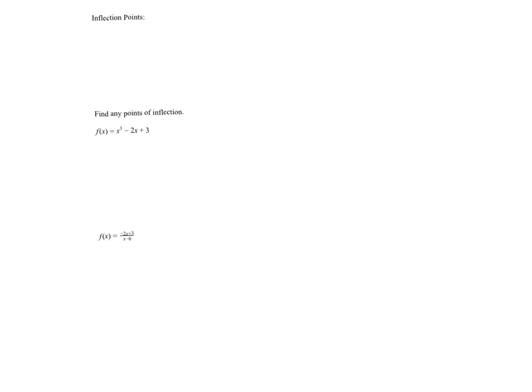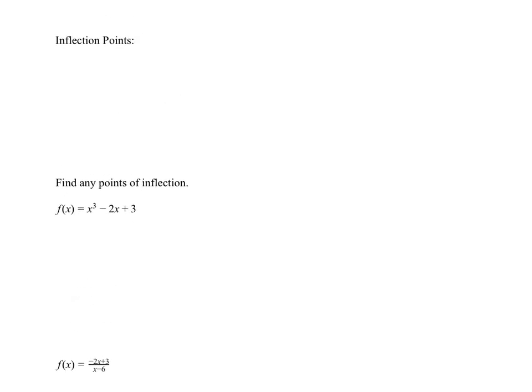So those points where it changes is what we're going to call an inflection point. So we just talked about in that last cosine graph how it kind of changed from concave up to concave down. That's what we call an inflection point. So an inflection point is where the graph changes concavity. And that could be from up to down or down to up, doesn't really matter, but it's a change in the concavity.